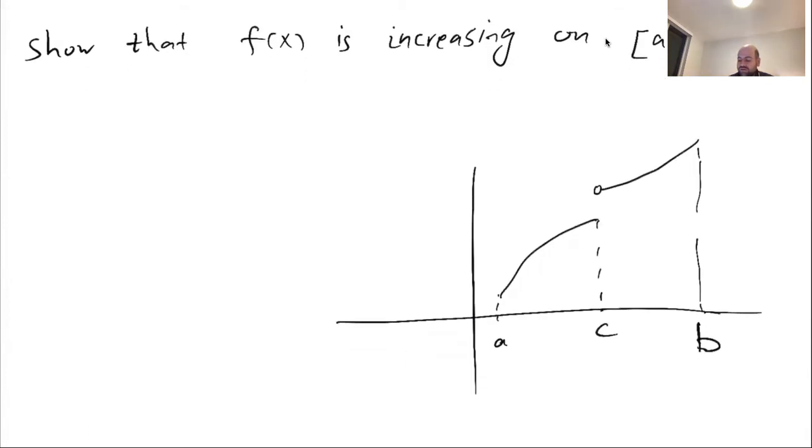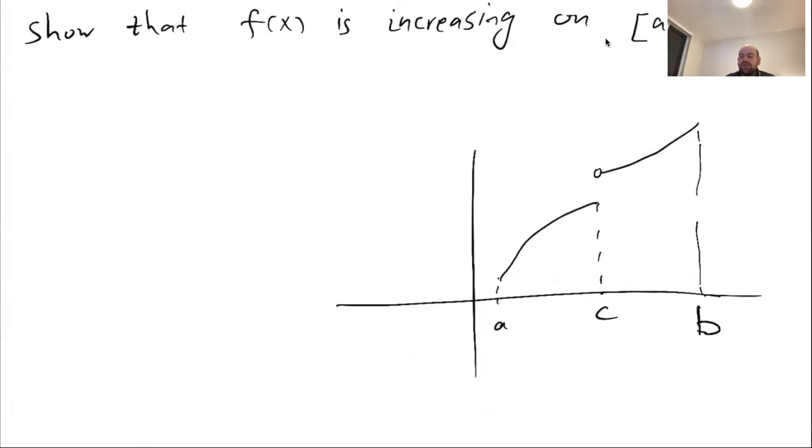How can I show this? First of all, this graph is just an example. Again, I'm not proving by sketching this graph, or by giving an example. Proof cannot be done with examples. You can sketch an example just to get the idea if you want, but it's not considered as proof.